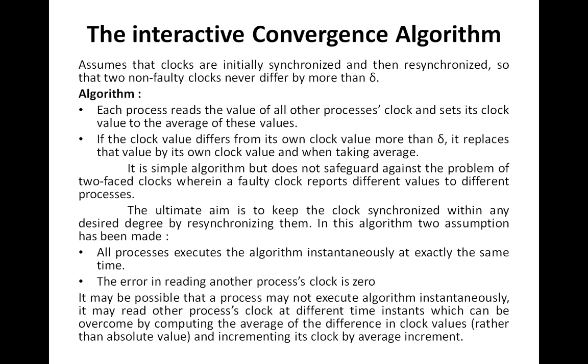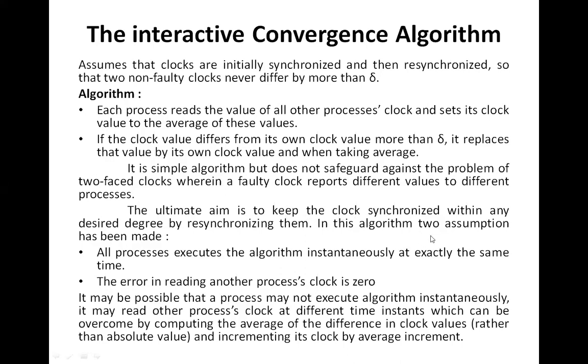In that particular case, this algorithm faces difficulty in taking care of the two-faced clock problem. But the ultimate aim of doing this synchronization process is that we want to achieve the desired degree of resynchronization, meaning we have a permissible limit, and within that limit we try to resynchronize.